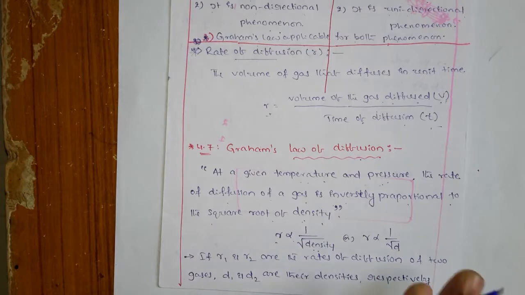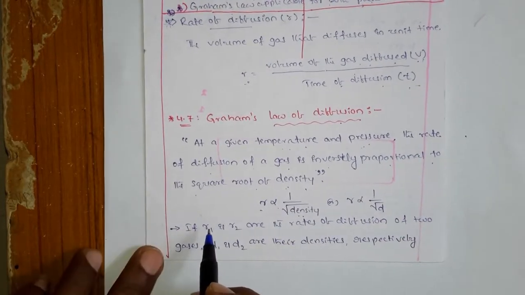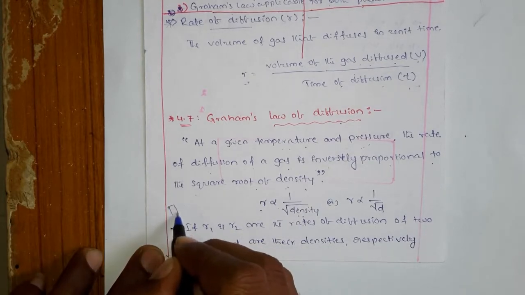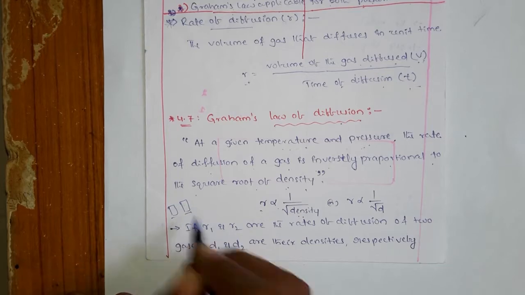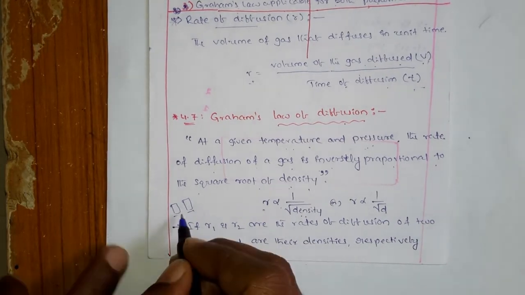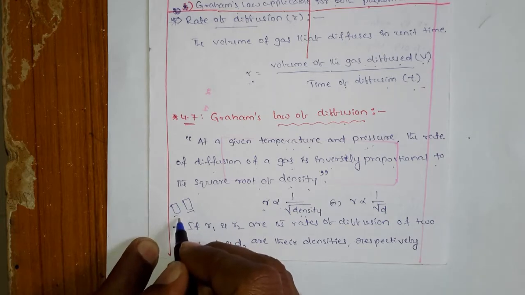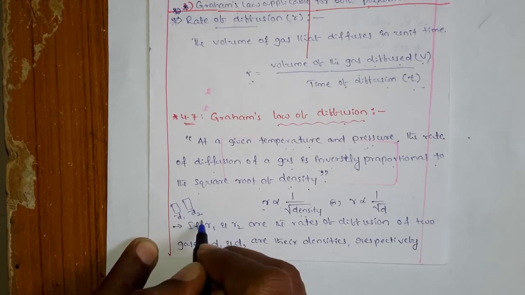Okay, very simple. Suppose there are two gases, and we take these two gases and spread them. The two gases again have different densities. So this gas density is d1 and this gas density is d2. When you spread them, what will be the rates?